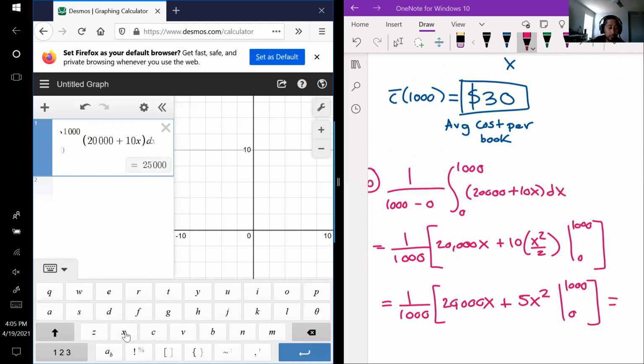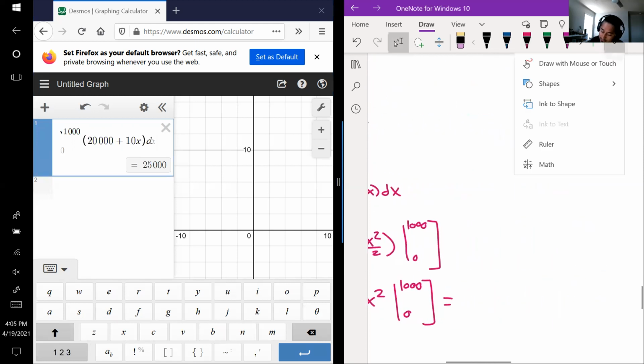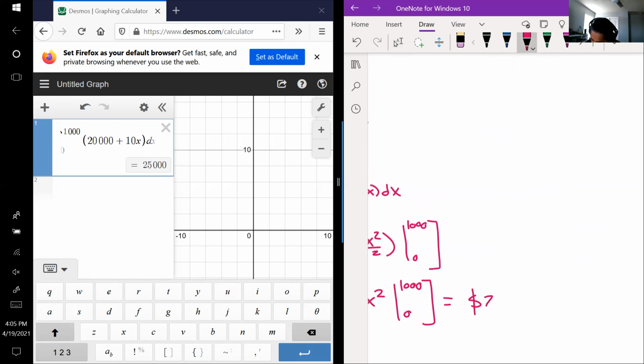There we go. And we get $25,000. And this is the average value. So this is the average value of the cost function.